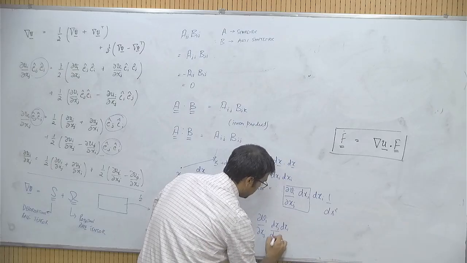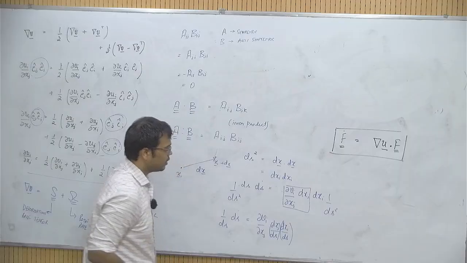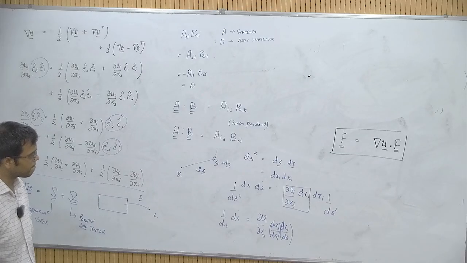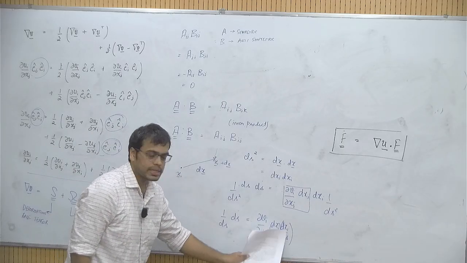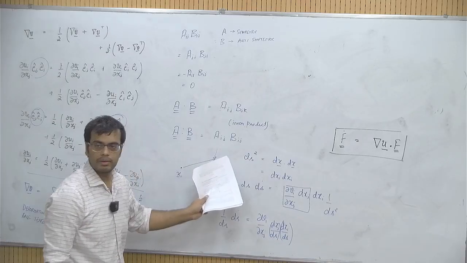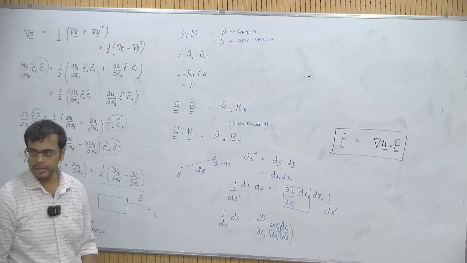So dxj by ds, dxi by ds separately. dxi by ds is basically the ith component of the unit vector. dxj by ds is the jth component of this unit vector.